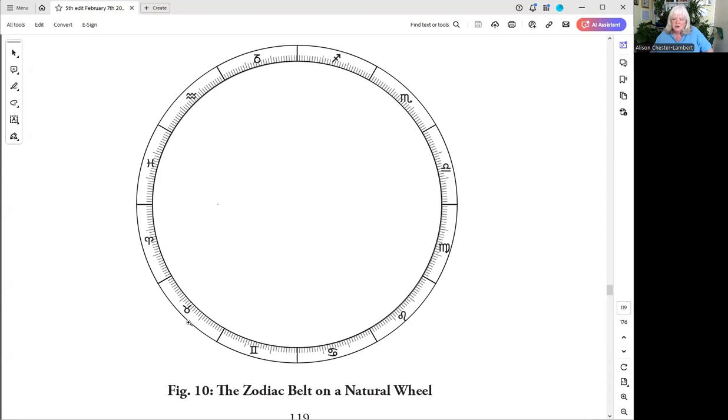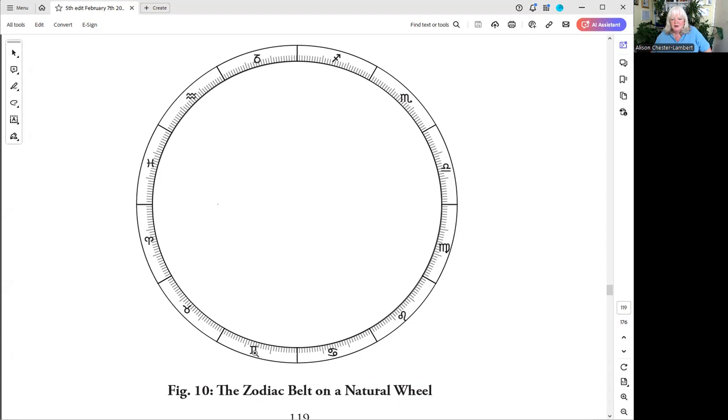Then we get Taurus, obviously an earth sign. And so Taurus is the first one, Virgo is the middle sign, and then Capricorn is the highest earth sign. So we could actually draw a triangle there as well if we wanted to. Then we get to air.